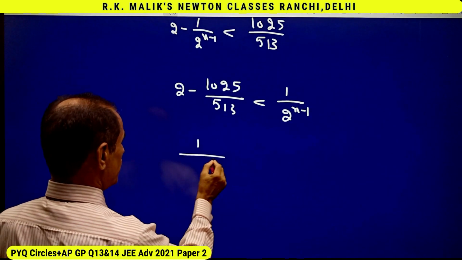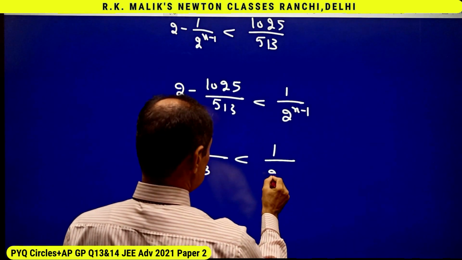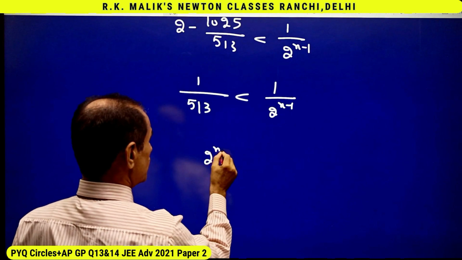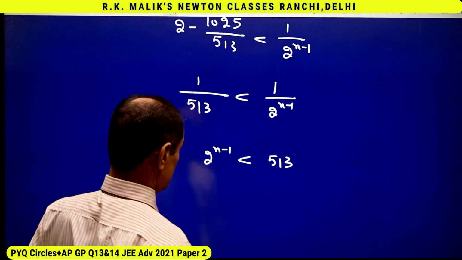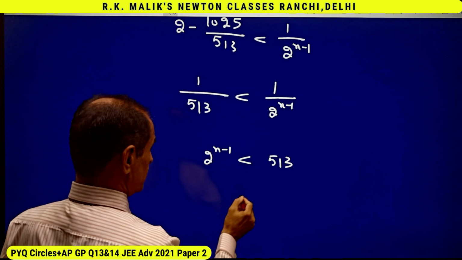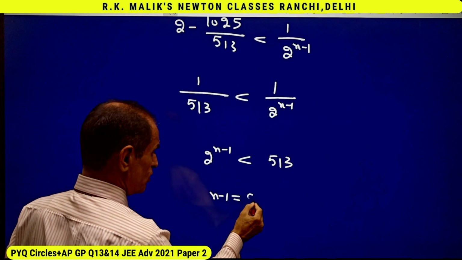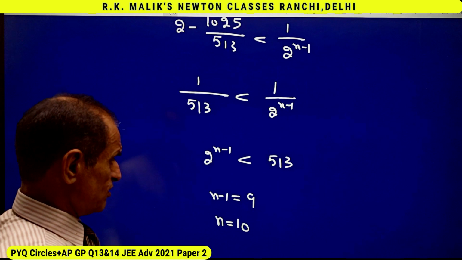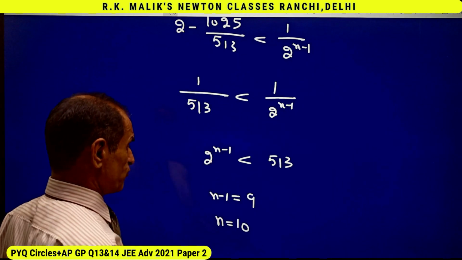That is, I get 1 by 513 is less than 1 by 2 to the power n minus 1. That is, I can say 2 to the power n minus 1 is less than 513. It is clear that the maximum value of n for which this holds is when n minus 1 is equal to 9. That is, n becomes 10.